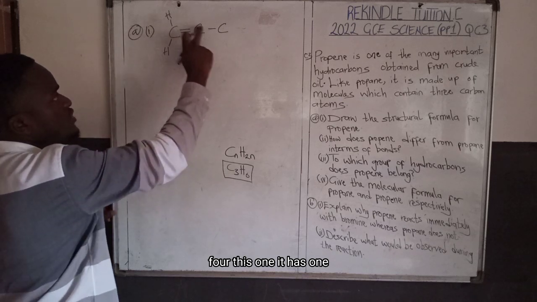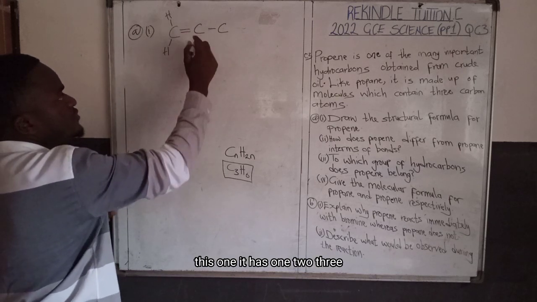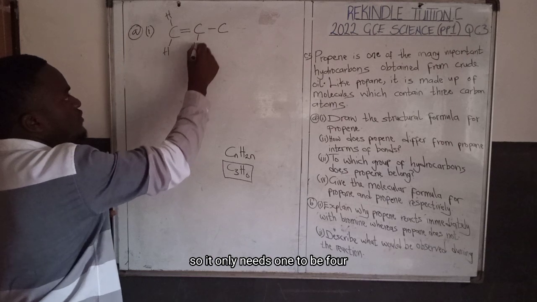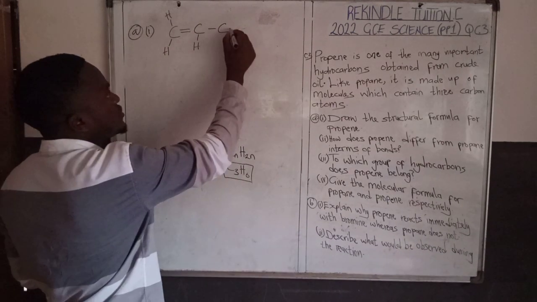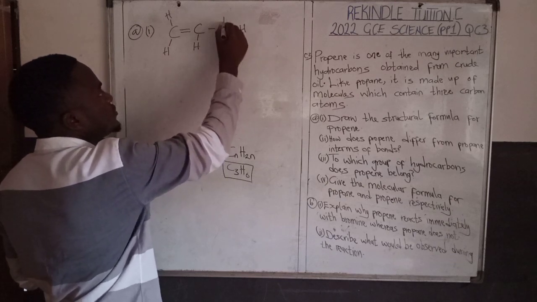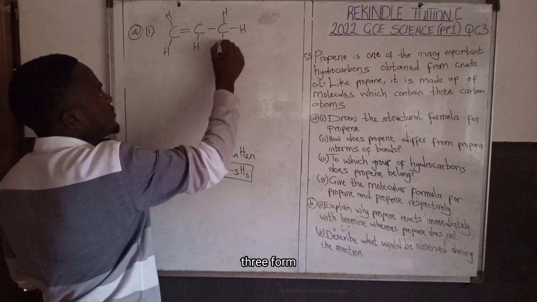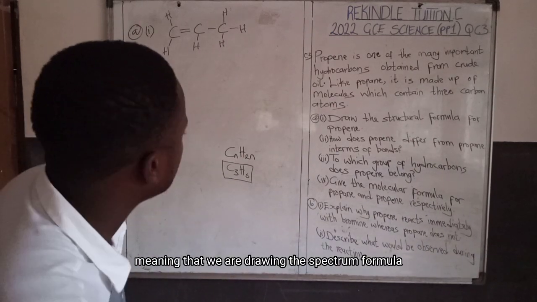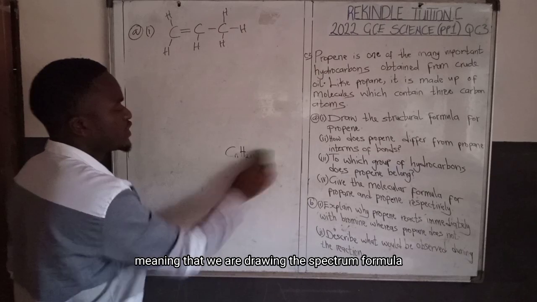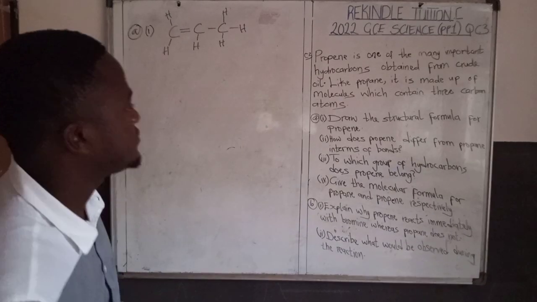This one, it has 1. This one, it has 1, 2, 3. So it only needs 1 to be 4. This one, it only has 1. So it needs 3 more. So 2, 3, 4. So meaning that we have drawn the structural formula.